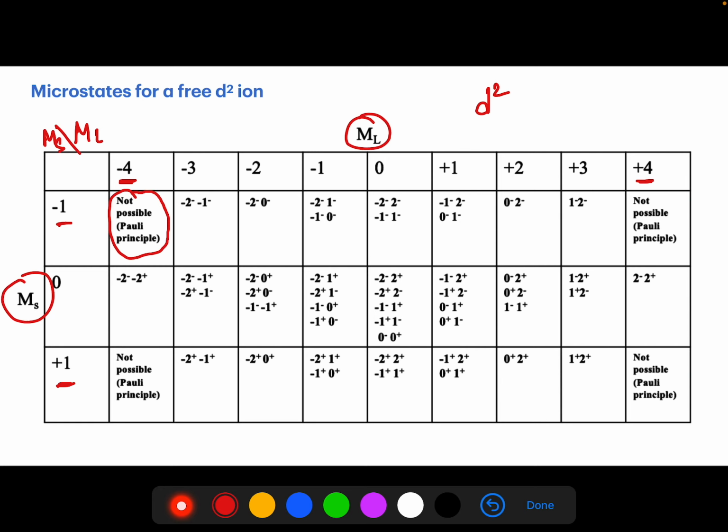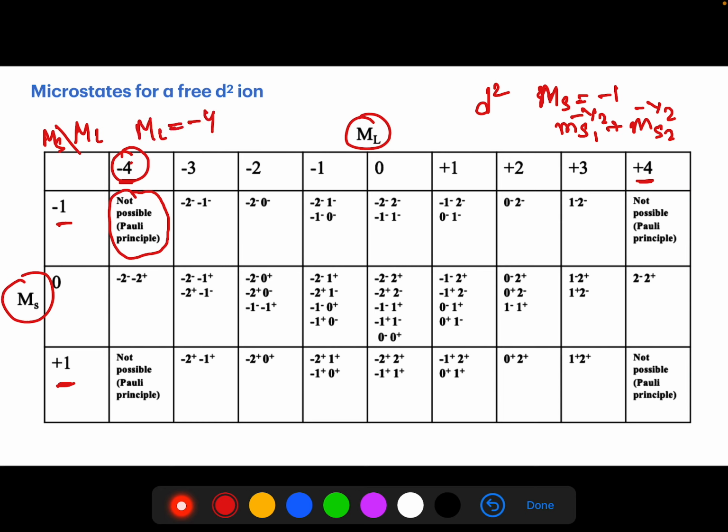And so it is simple. The possible number of microstates corresponding to ml minus 4 and ms minus 1 is actually not possible due to Pauli's exclusion principle. For this ms value minus 1, my ms1 plus ms2 should be minus 1, that is, both of them should be of the same spin, minus half and minus half. Also, my minus 4 gives me the ml value minus 4 here.